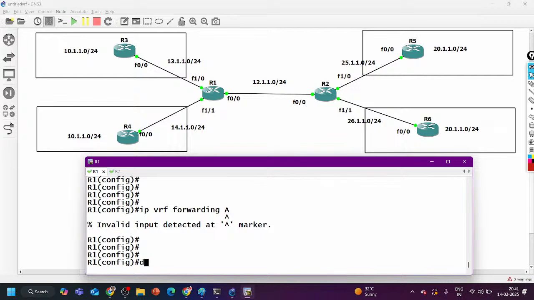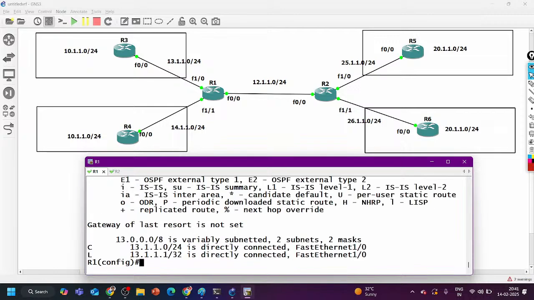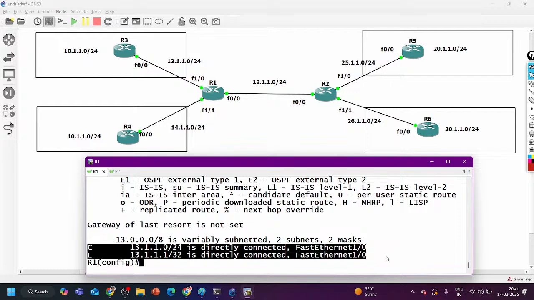And now if you check the routing table of VRF A, so show ip route vrf A. What is it saying? This VRF does not exist on the router, right? So capital A, and you can see in the VRF A routing table we have the 13 subnet, right?